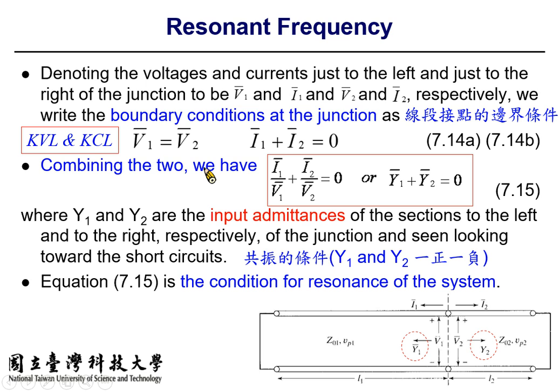Y is referred to as admittance. G is what? Conductance. What is the name for B? Susceptance.